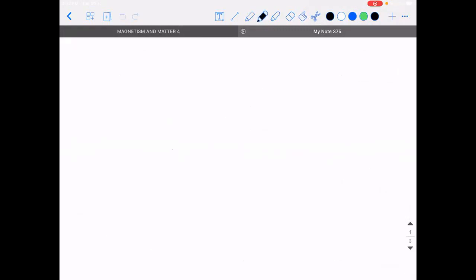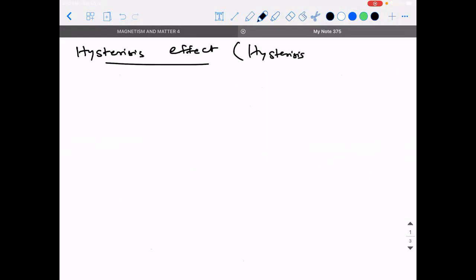Write down the heading, guys. Hysteresis effect, or sometimes we call it the hysteresis loop also, because it has a graph associated with it.